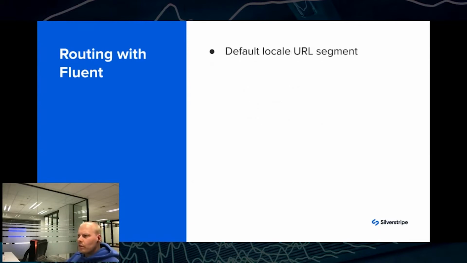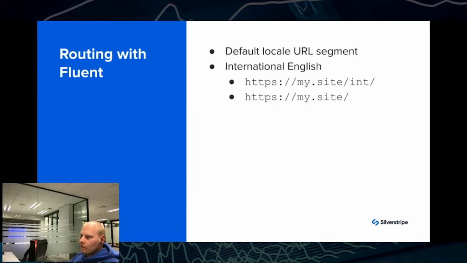Fluent provides some configuration options for routing, so you can choose to skip the locale URL segment for the default locale. For example, in this case, the first URL shows the international locale represented there, so there is the int URL segment. But if you make the international locale the default locale and you configure Fluent to skip this URL segment, you can have it without the int.